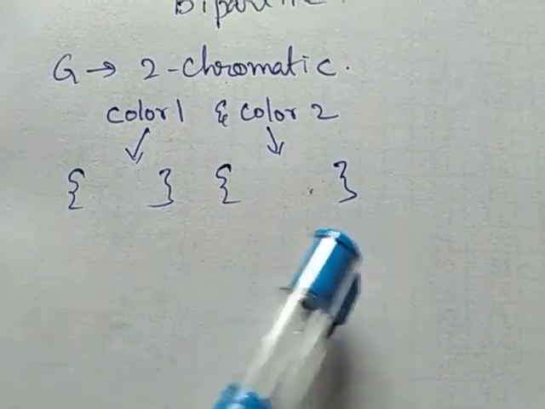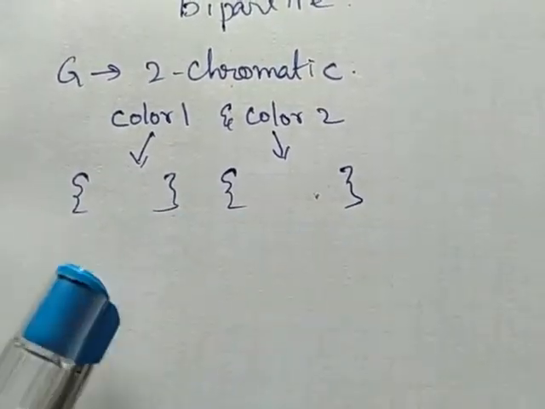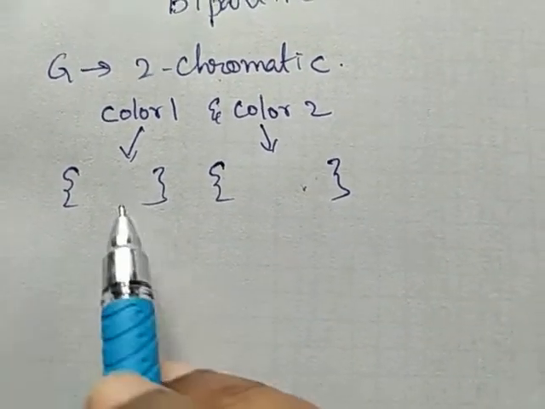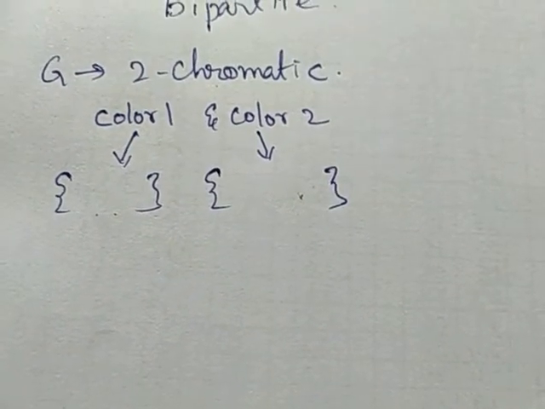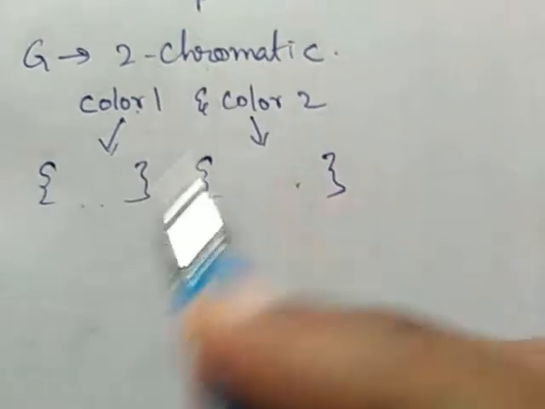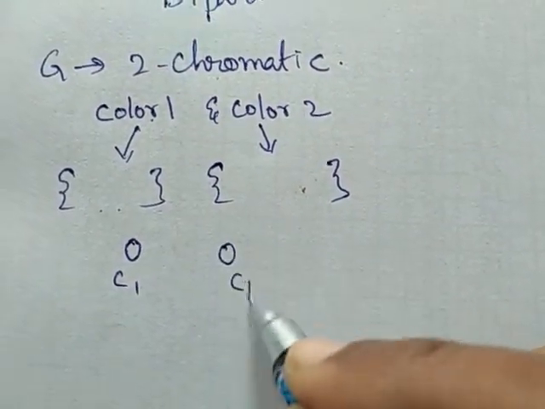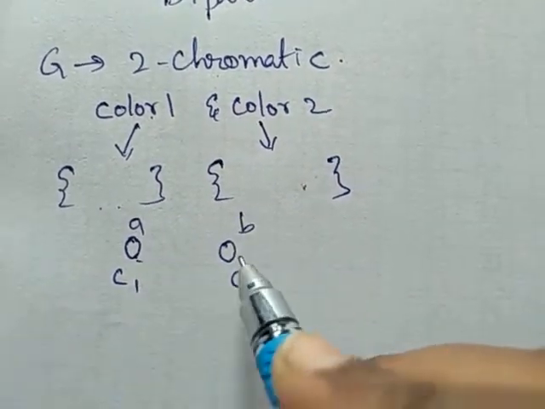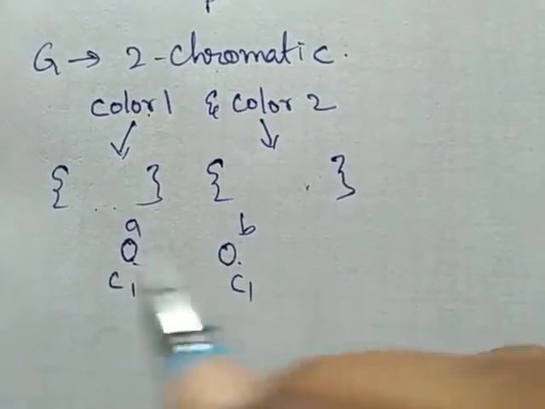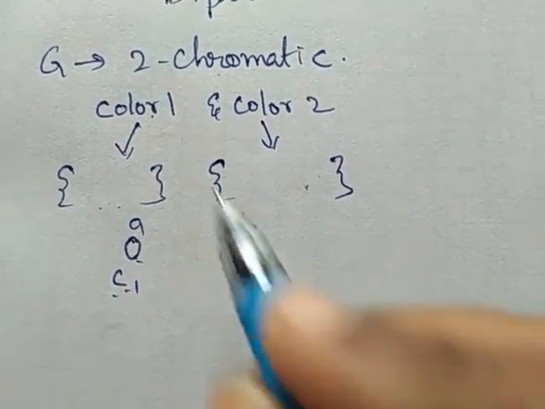These two sets are precisely partitioned into vertices such that no two vertices of the same set are adjacent, right? See, when color 1 is used, it means this vertex A and B are not adjacent to each other. Then only we can use color 1, right?